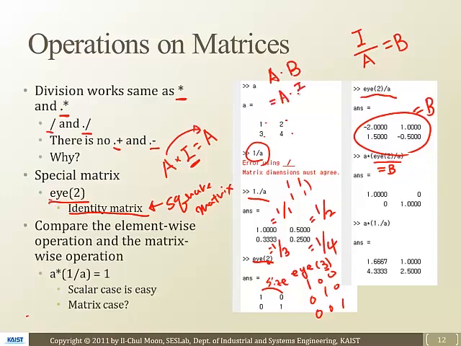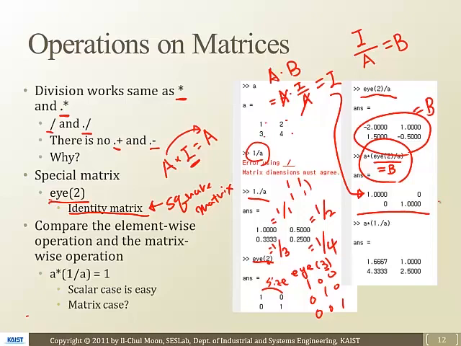Then we can cancel this and we will get the identity matrix. And to make sure that I did those operations right, we get the identity matrix here. So now we see that this matrix division works fine, right?